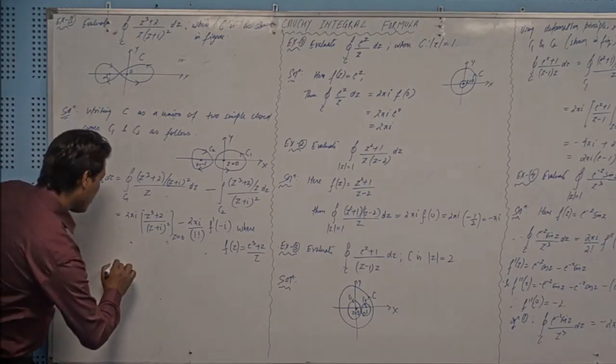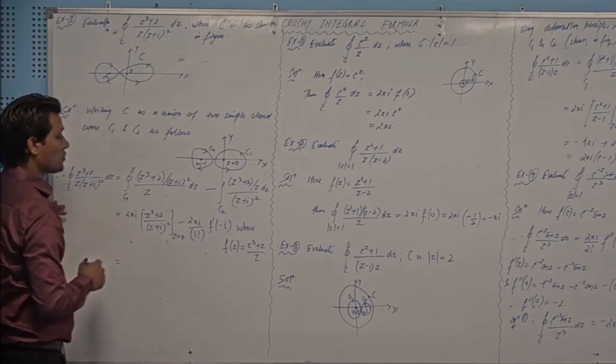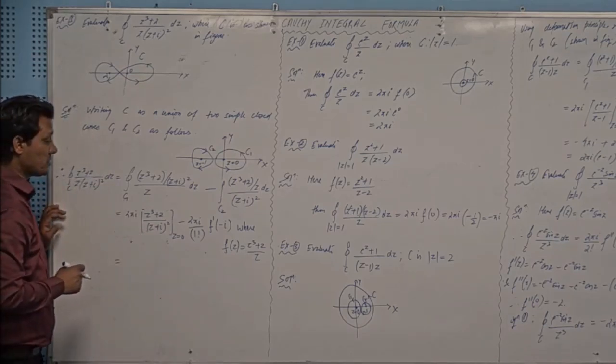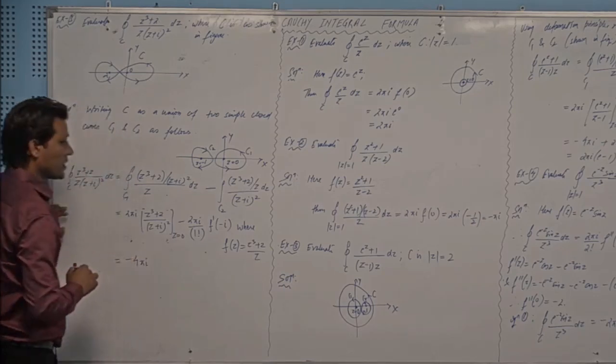So this can be evaluated, it will become 0, 2 and 2 upon iota square, and that will be minus 2, then minus 4 pi iota.